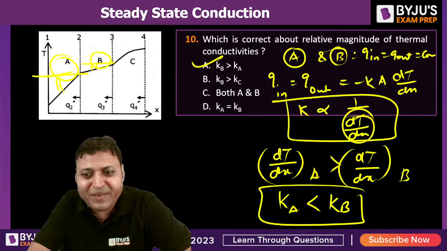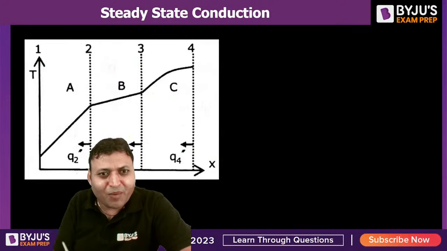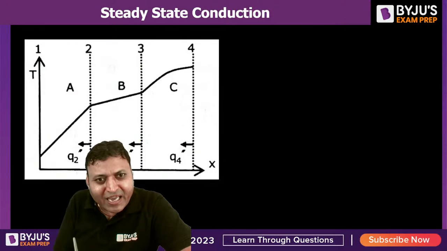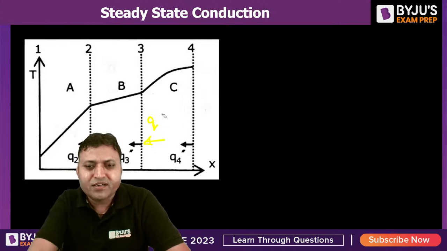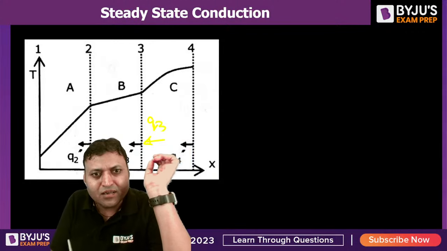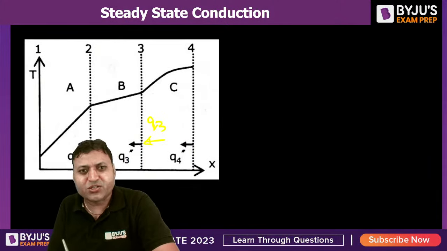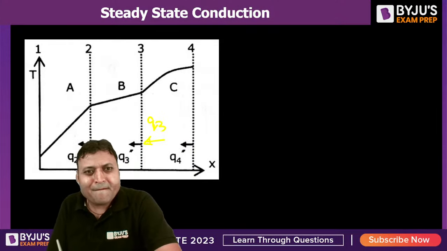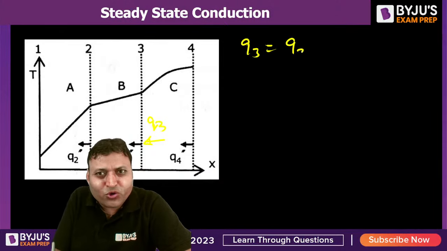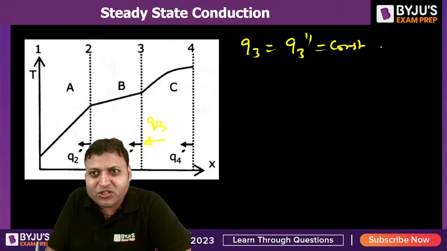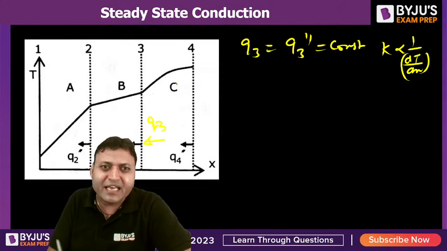And what about B and C? If we talk about B and C, we can say Q3 is equal to Q3 double dash. That is constant. So here also K is inversely proportional to dT/dx.